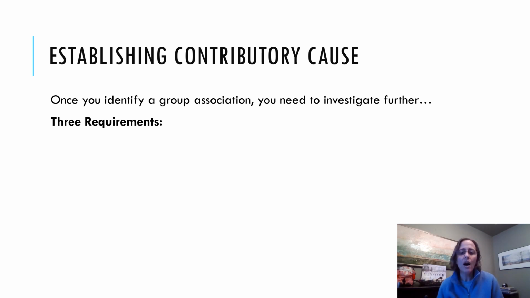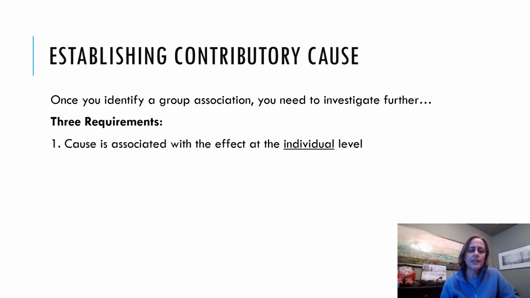So how are we then going to see if in fact it is a contributory cause? Is it actually causative, right? So the ice cream and the drowning example, right? Is there a cause there? If I just don't eat ice cream, am I not going to drown, right? So there are 3 requirements that we're going to need to try to satisfy to establish something as a contributory cause.